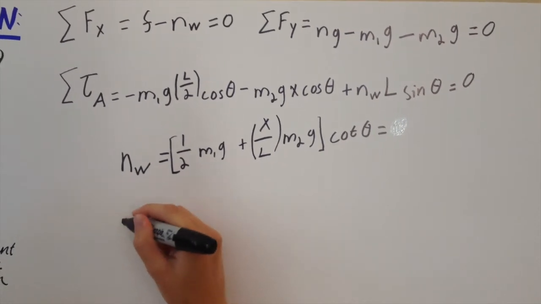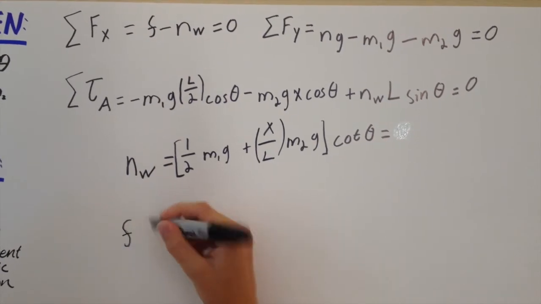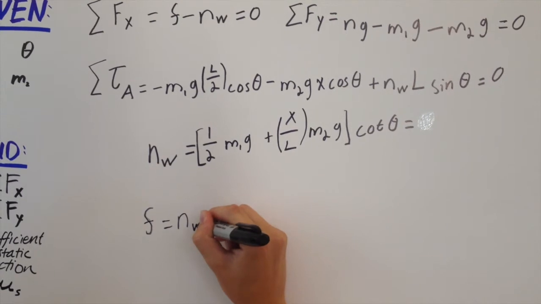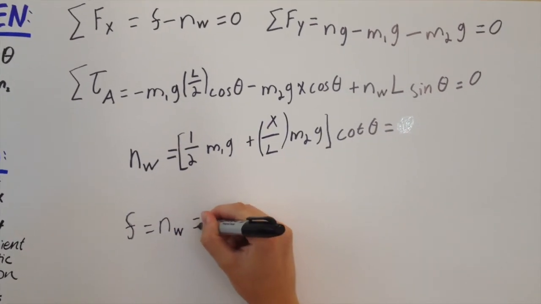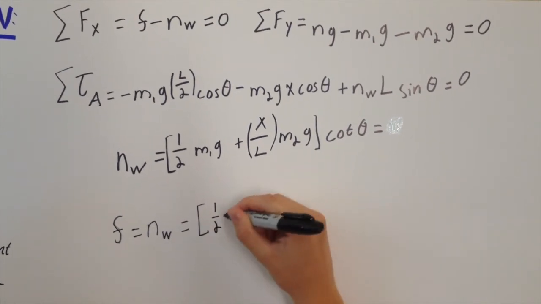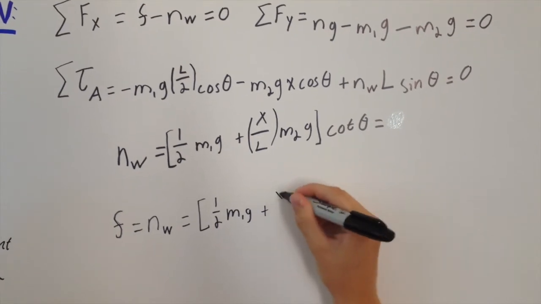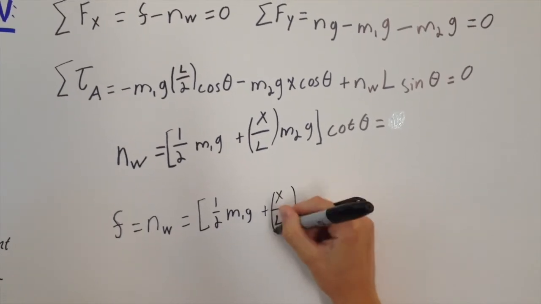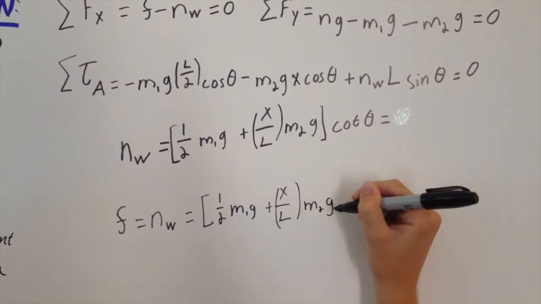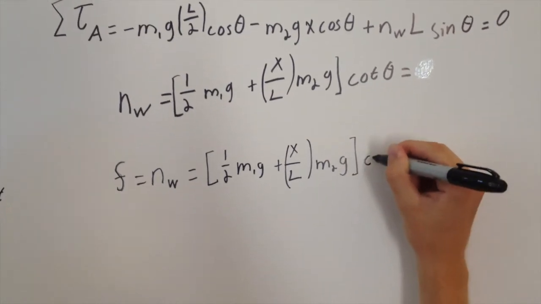We now know that friction, which is equal to the normal force of the wall, is also equal to 1/2 m1g plus x over L multiplied by m2g, cotangent theta.